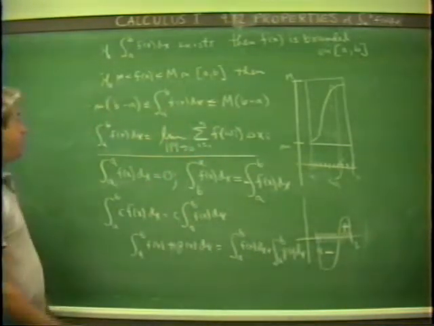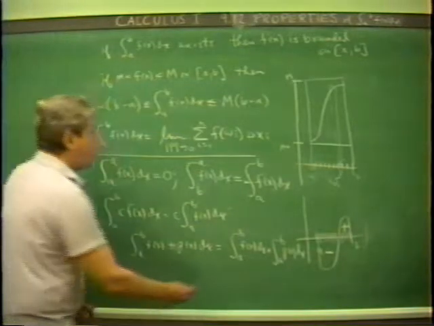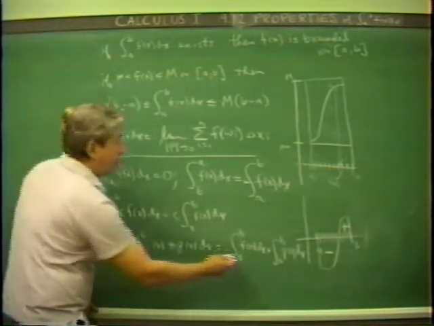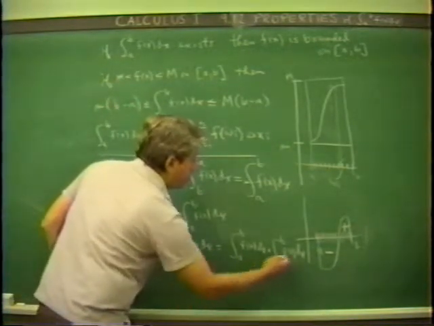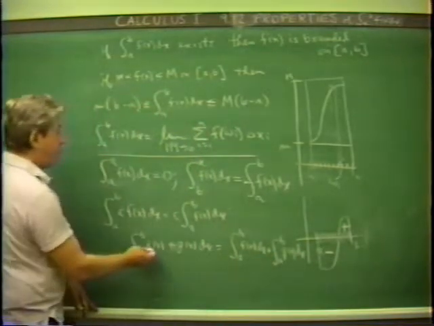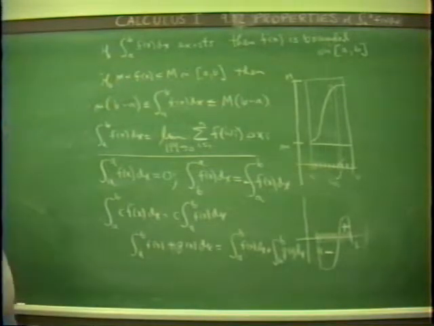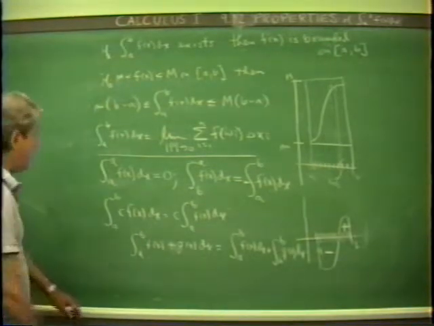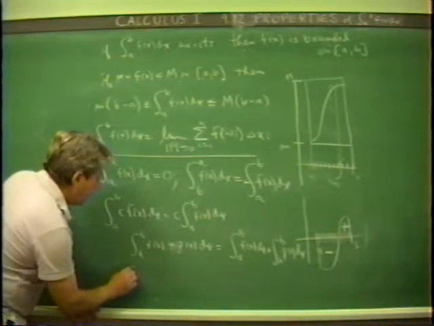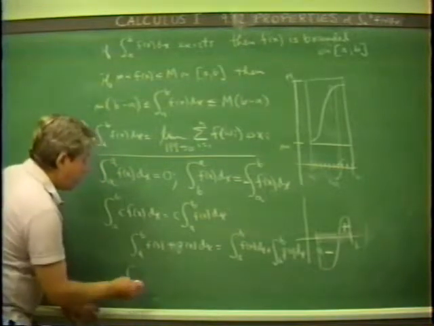Right? This is because the Riemann sum that you get for this is these two Riemann sums added together. Now this is, of course, provided that these two are integrable. If both f and g are integrable, then f plus g is, and the integral is equal, like so.